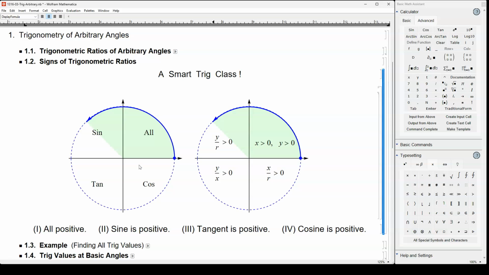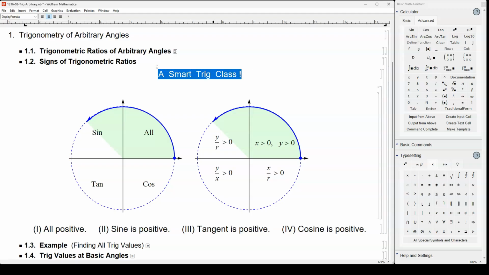And finally, in the fourth quadrant, cosine is positive, but sine and tangent are negative. So we have all positive, sine is positive, tangent is positive, cosine is positive, forming A Smart Trig Class. Remember this. All smart students in my class must remember this.